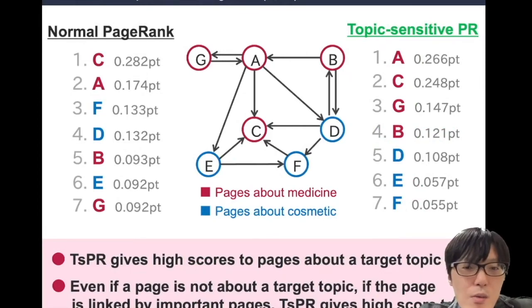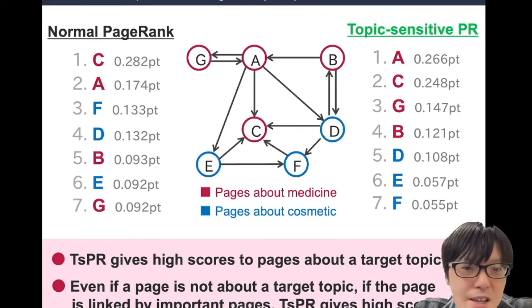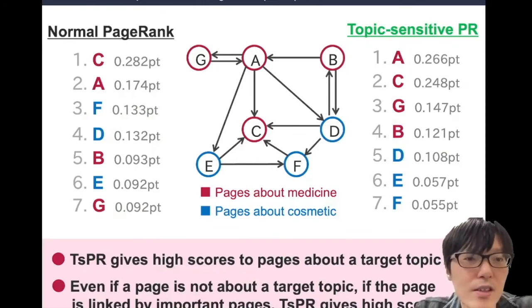These are the results when we applied the normal PageRank and the topic-sensitive PageRank to this graph. When using the normal PageRank, as you can see, it orders the web pages without considering the topic. On the other hand, when using the topic-sensitive PageRank, web pages about the target topic get higher scores than the non-target topic web pages.